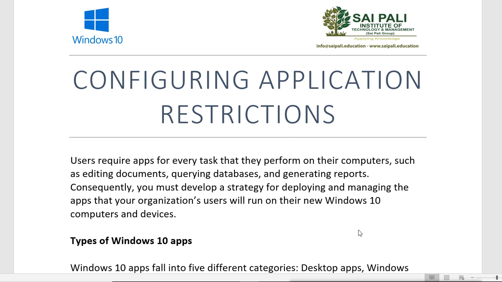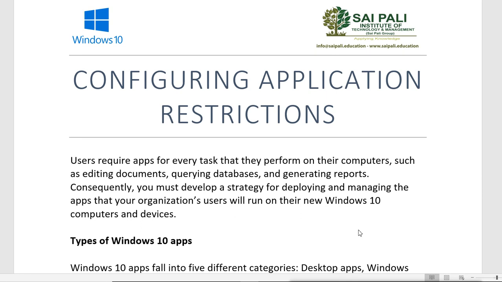Users require apps for every task that they perform on their computer, such as editing documents, querying databases, and generating reports. Consequently, you must develop a strategy for developing and managing the apps that your organization's users will run on their new Windows 10 computers and devices.